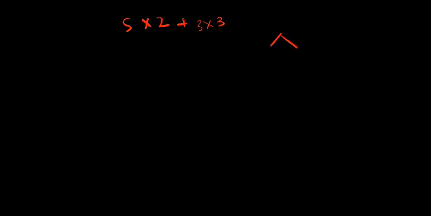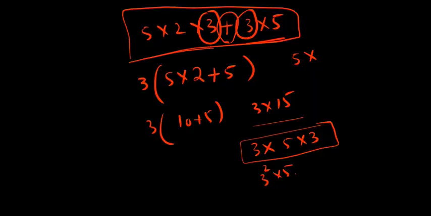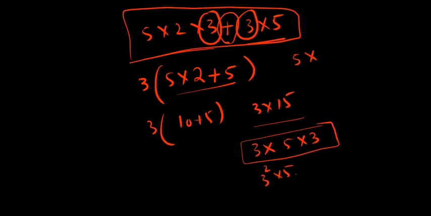In the previous question we took 3 common, so it is 3 into something. Whatever the number may be, composite or prime, who cares? 3 into some number is 100% a composite number.